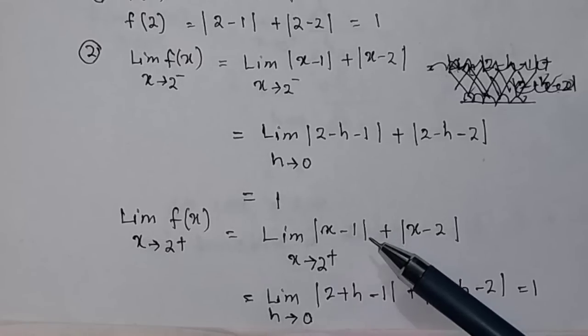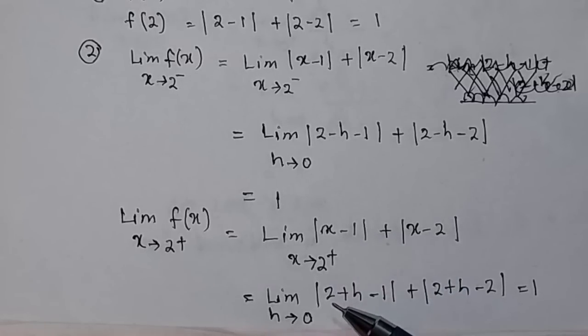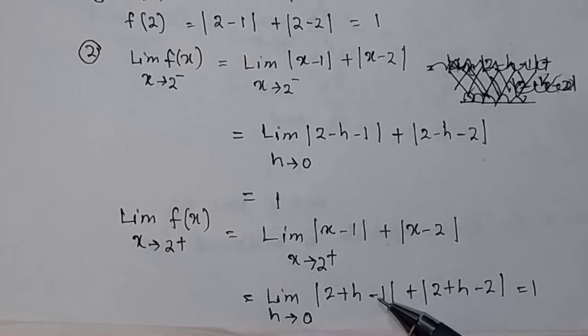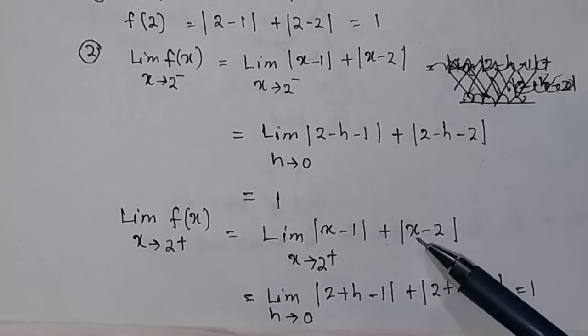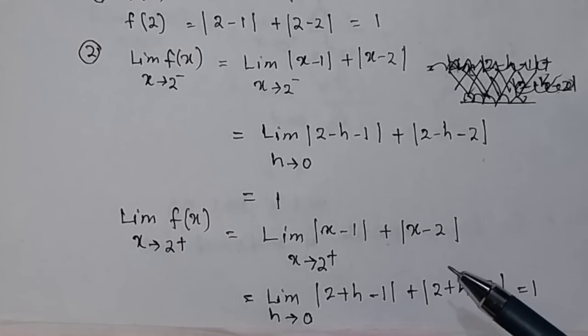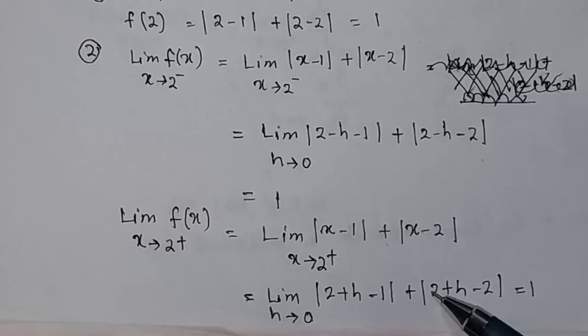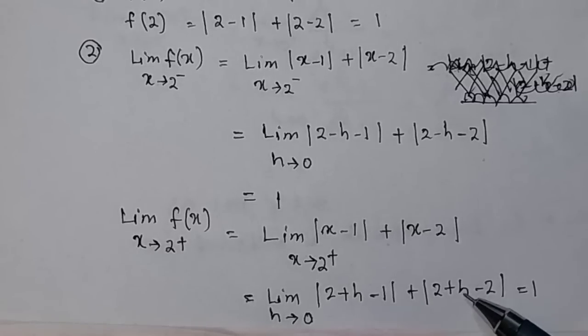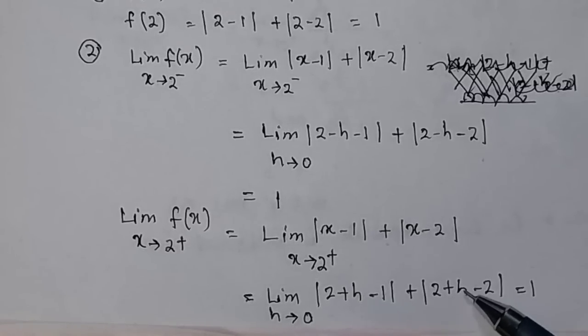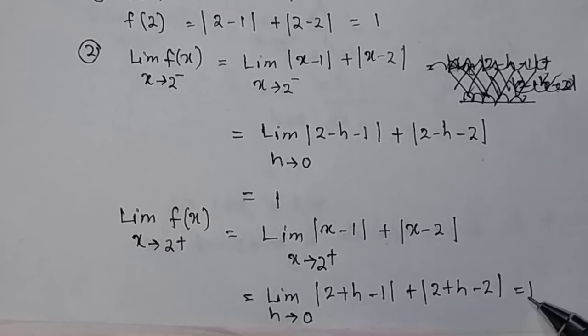So |x - 1| will be |2 + h - 1|, and |2 + h - 2|, h approaches 0. So this value will be 2 - 1 equal to 1, modulus of 1 is equal to 1, and this value 2 - 2 is equal to 0. So the limit will be equal to 1.